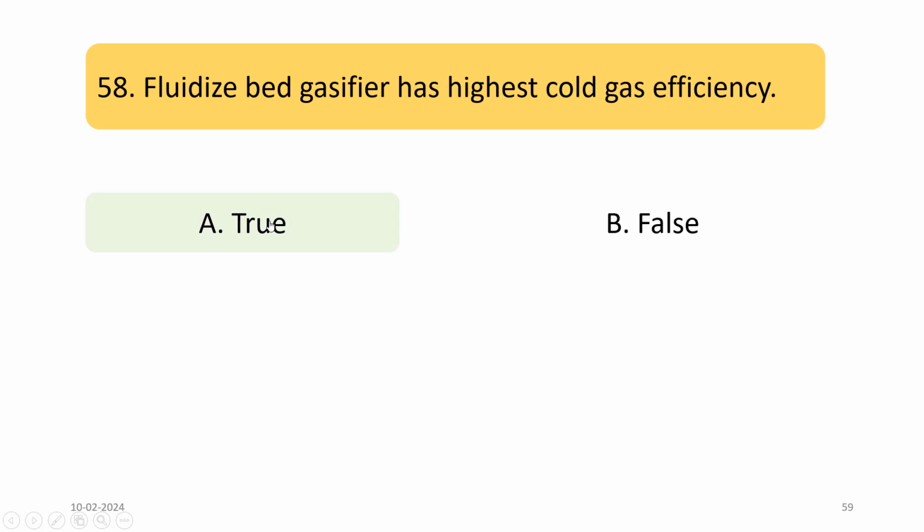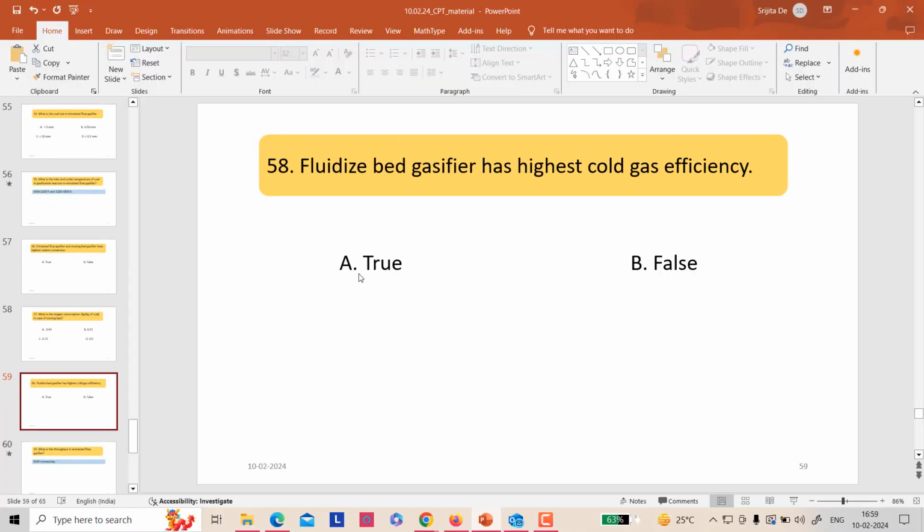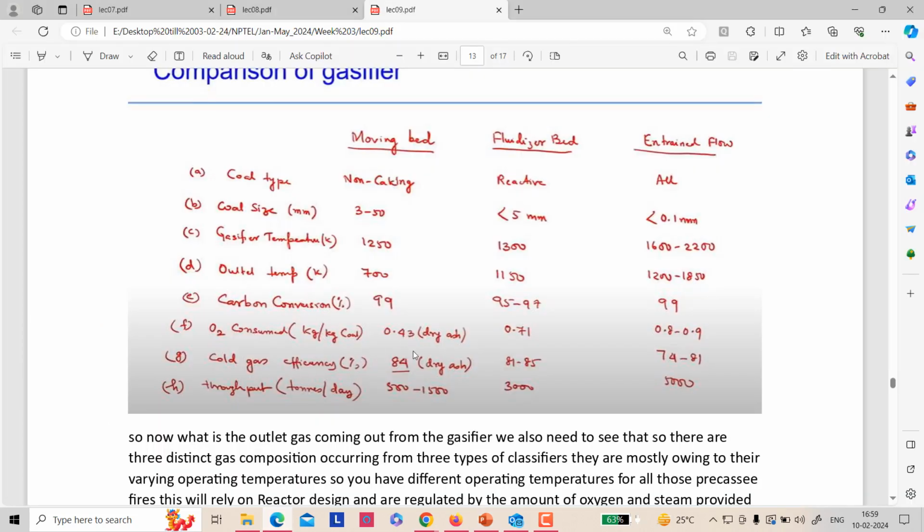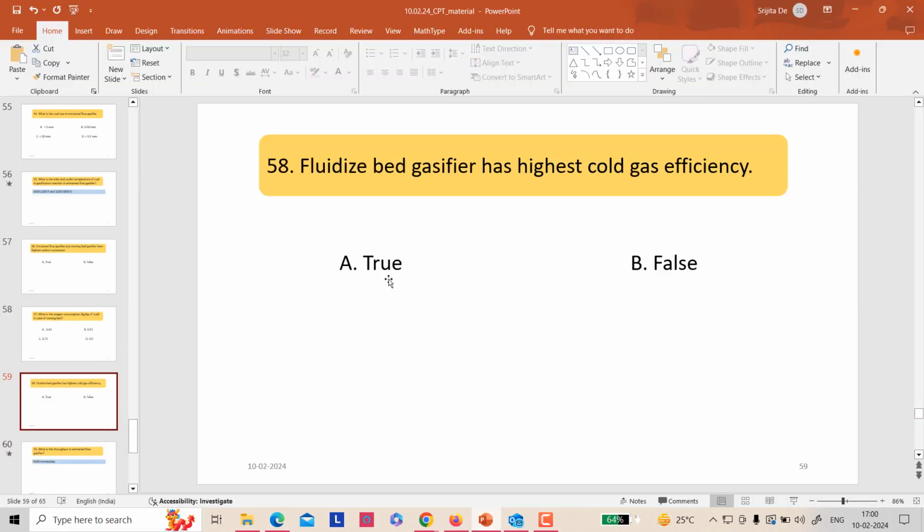It can be true also, because it is higher than the entrained one. So here also you can say true, though there is moving bed also. Moving bed efficiency is 84% and fluidized bed is 81 to 85. So the range is similar. So here you can say true also.